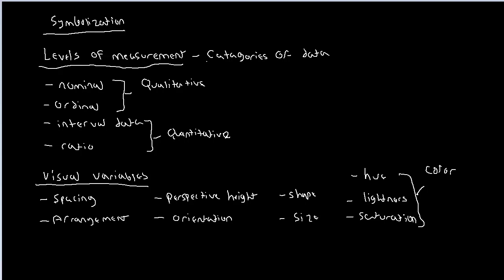And in this GIS lecture video, I want to continue our discussion on symbolization by diving into this idea of levels of measurement. So the way that we approach levels of measurement is we are describing the types of variables that are found within a data set.